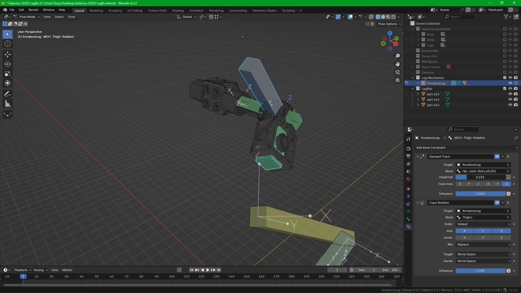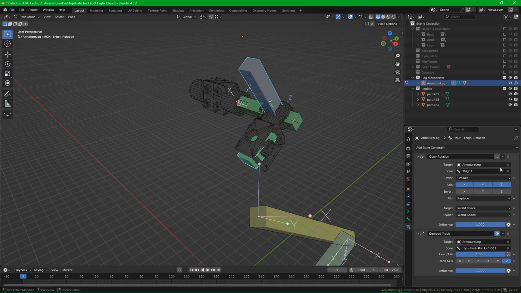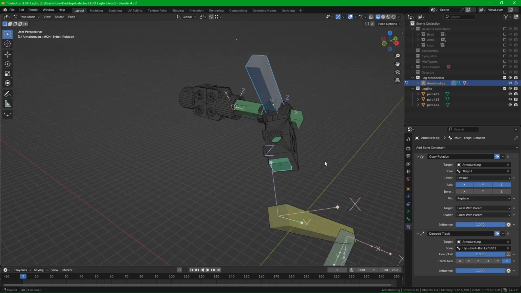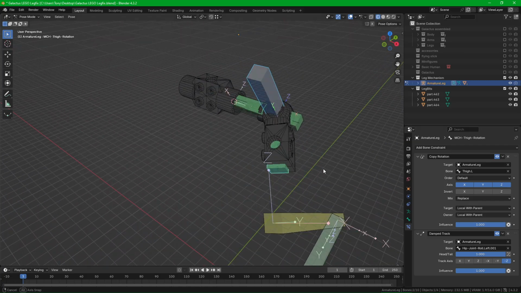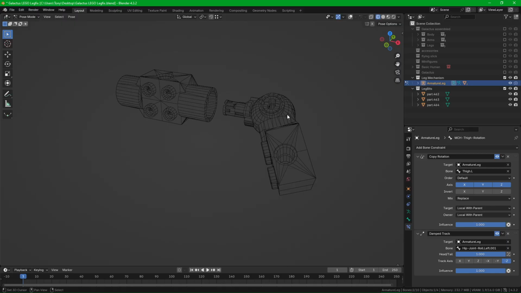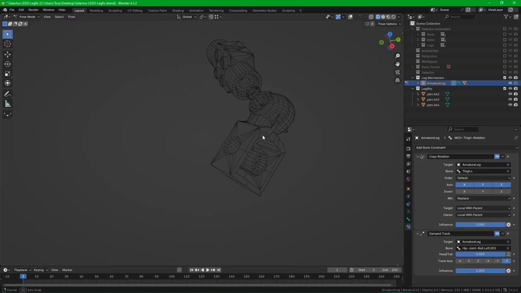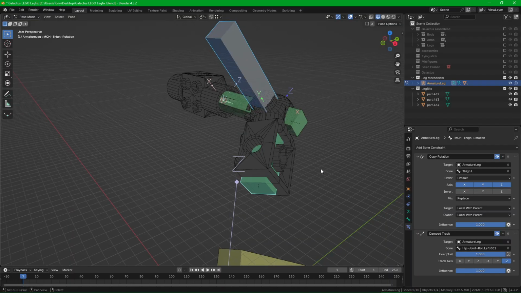Z direction. Is that going to work? There you go. Perfect. I mean, probably not perfect, but it seems pretty good. So there you go. It's copying the thigh locally.